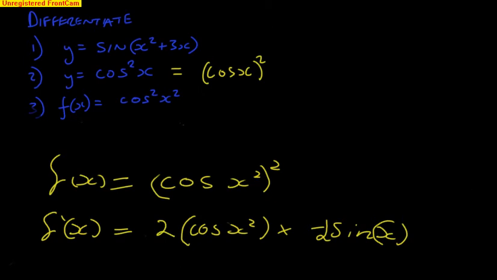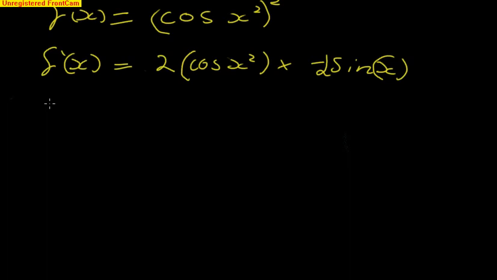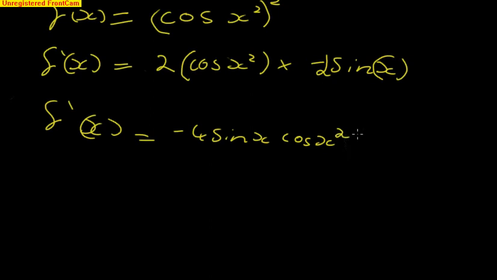Bring that down. We have the function for the derivative of x equal to negative 2 sine x times 2, be negative 4 sine x, 4 sine of x cosine x squared. And would I be correct in assuming that much?